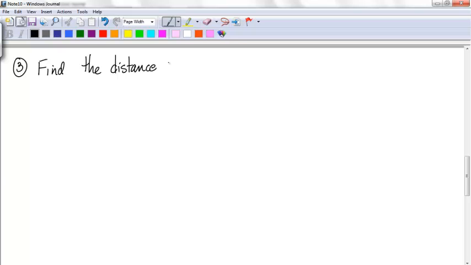Keyword distance. Find the distance between parallel lines. Just use the symbol for parallel. Parallel lines whose equations are, okay, now we have two equations for the parallel lines.